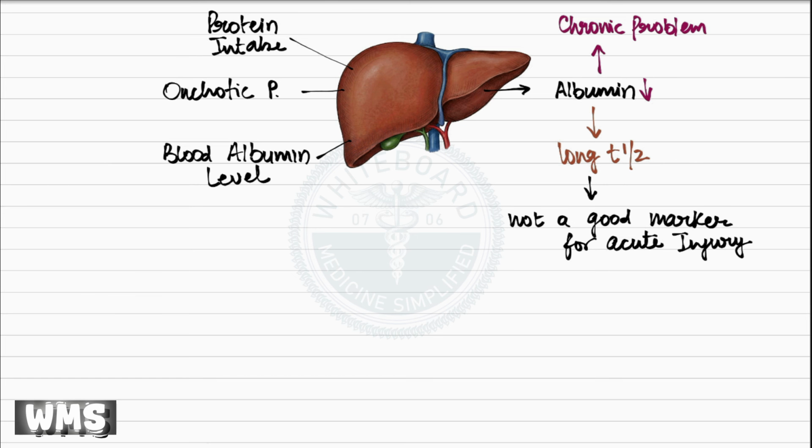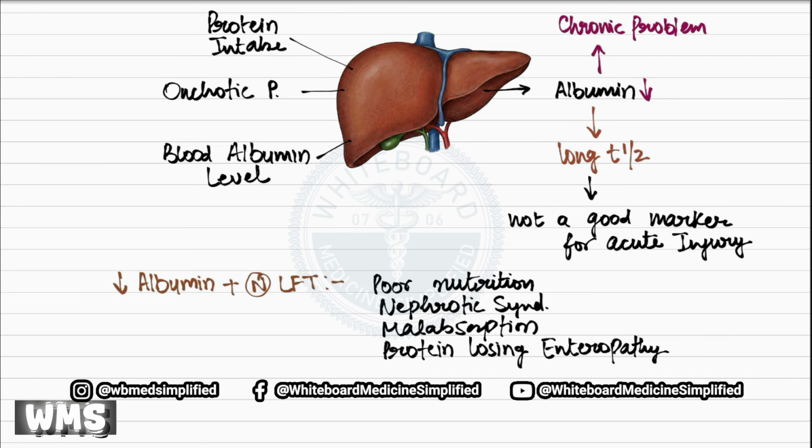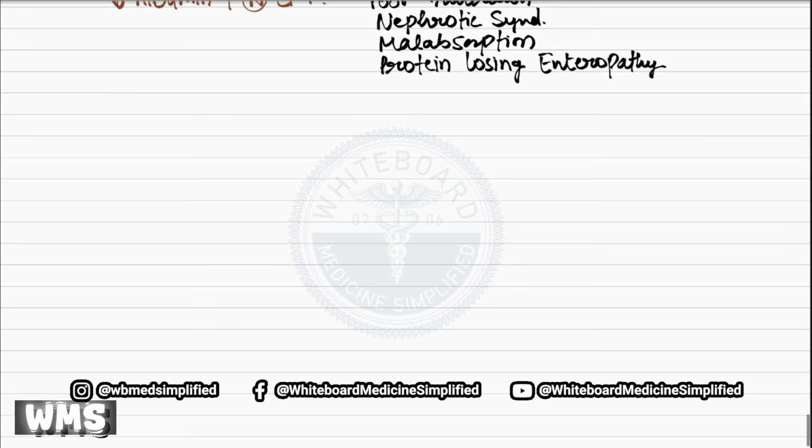However, if albumin is low but liver function is otherwise normal, we should think of other causes like poor nutrition, nephrotic syndrome, malabsorption, or protein-losing enteropathy. So hypoalbuminemia is not very specific for liver dysfunction alone. However, if albumin is low, it may suggest that the liver disease is chronic in nature.